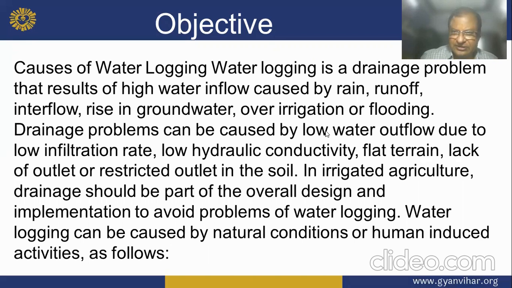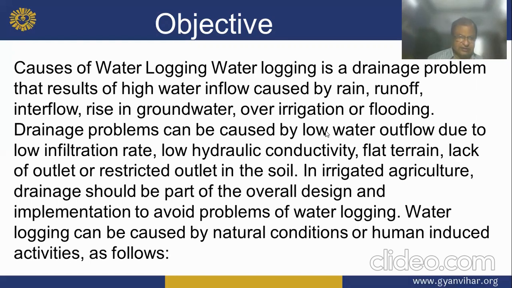Over-irrigation or flooding can cause it. A drainage problem can also be caused by low water inflow due to low infiltration rate, low hydraulic conductivity, flat terrain, and outlets being restricted in the soil.